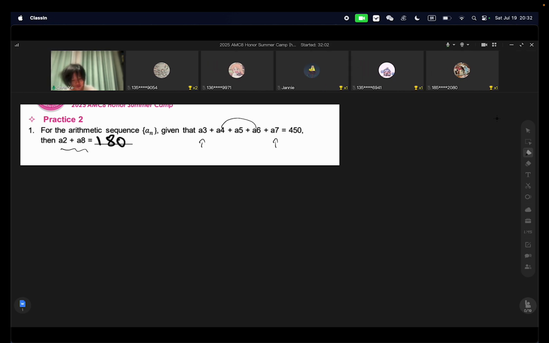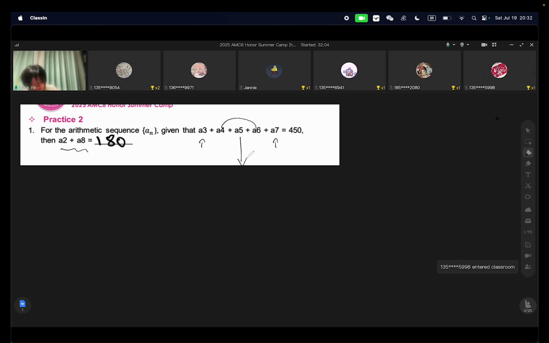But for A5, that means 2 times A5 is going to be the same as A4 plus A6. So 2A5 is the same as A4 plus A6, the same as A3 plus A7, which is the same as A2 plus A8. Let's say that A5 is x.